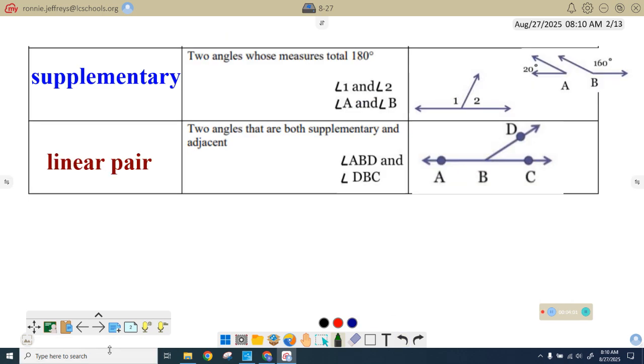All right, our next one's supplementary. Some people would say these are the vitamin angles because it's a supplement. They add to 180.